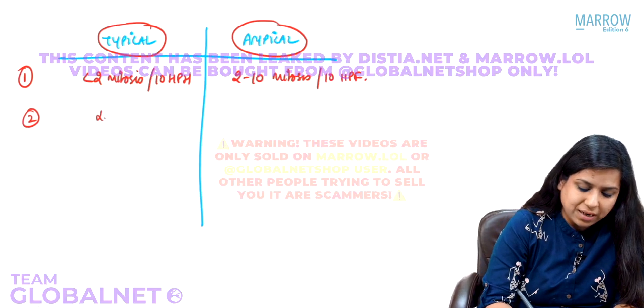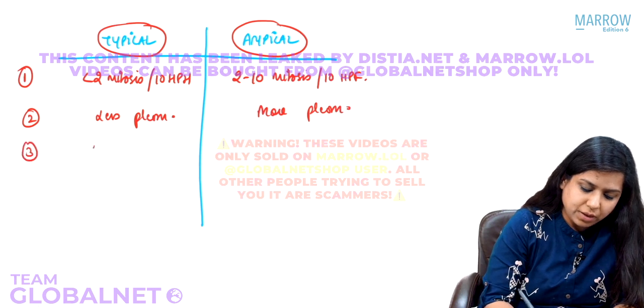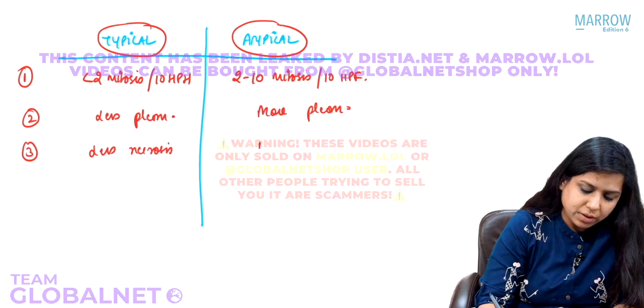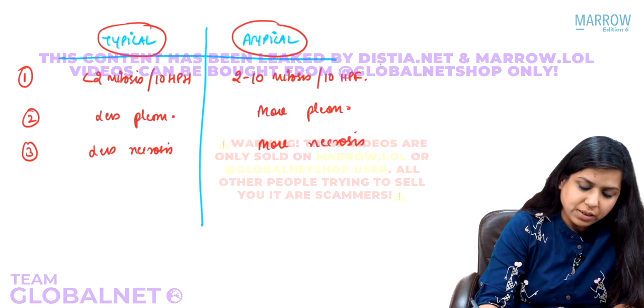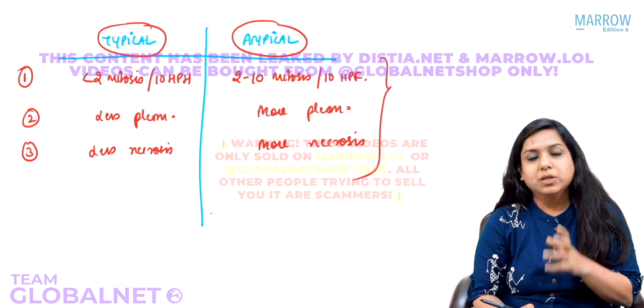There is less pleomorphism in typical and more pleomorphism in atypical, correct? Then less necrosis in typical, and more necrosis in atypical, right? These are the important points to differentiate a typical and an atypical carcinoid.